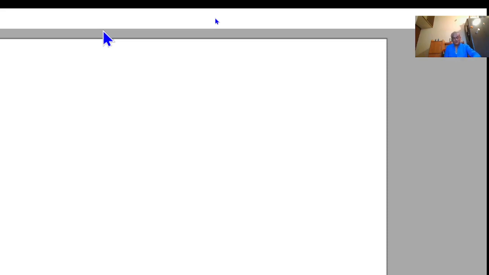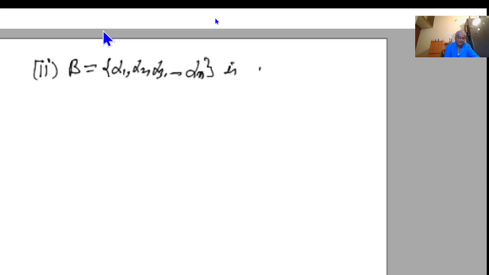What is result number 2? Result number 2 is: no set of n minus 1 vectors can span V. That we have to prove. So here again we have B equal to {alpha 1, alpha 2, alpha 3, ..., alpha n}, a basis we have considered.